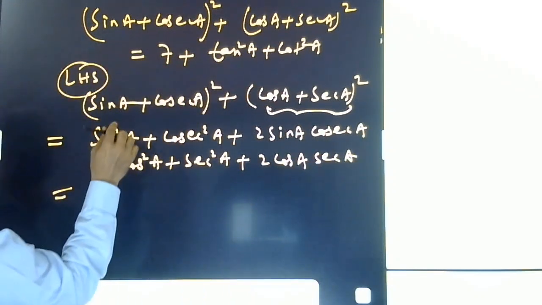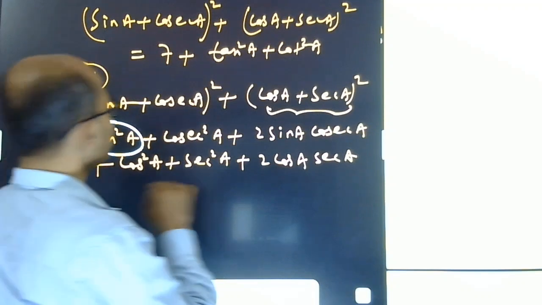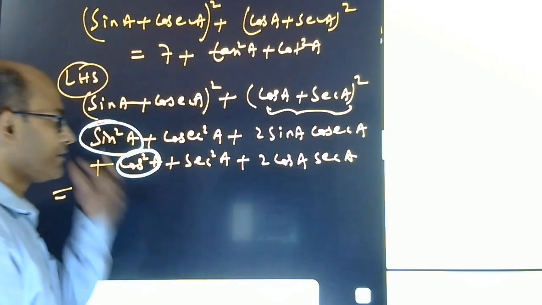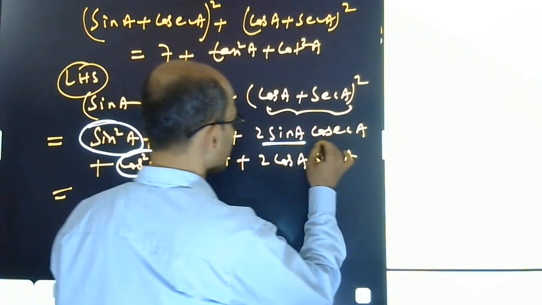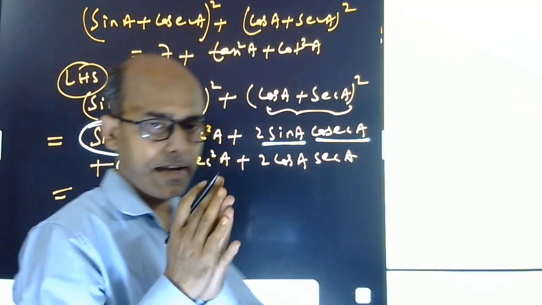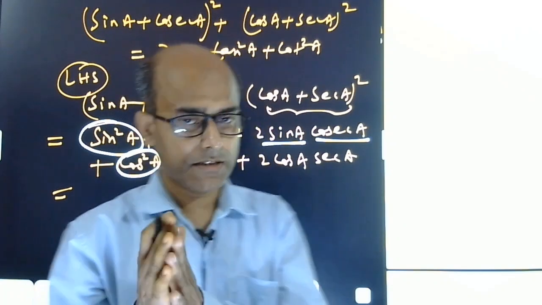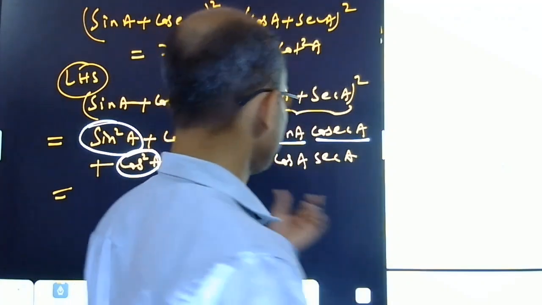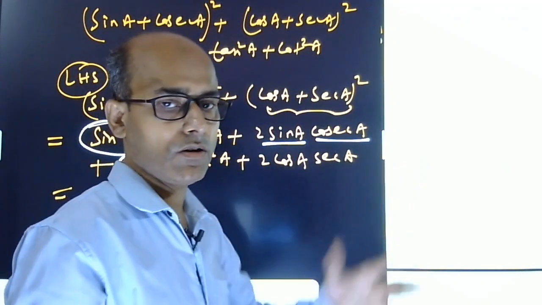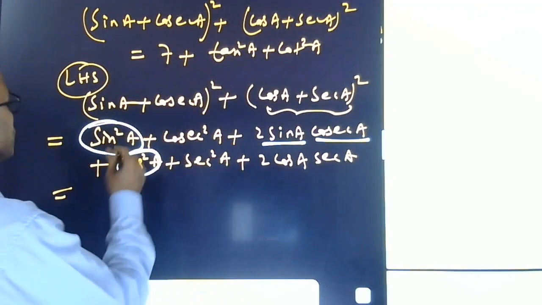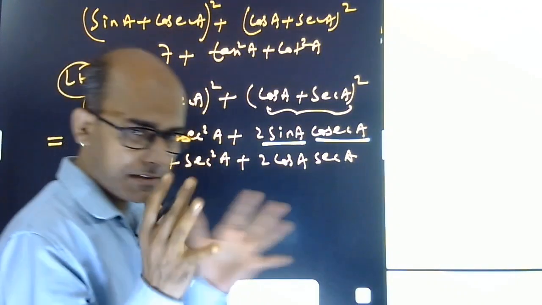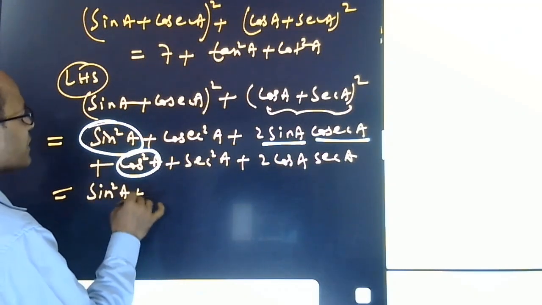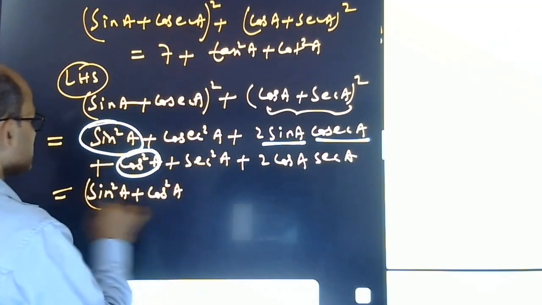One thing should be very clear, sin square A and cos square A is giving the value how much? 1. Okay, and you can see sin A and cosec A, whenever these two are multiplied, we have already learned in the initial session of starting this trigonometric identity that sin theta multiplied by cosec theta always gives 1. Okay, so we are required to write in order so that there should be no problem to anyone who is learning. Sin square A plus cos square A, this has become 1.